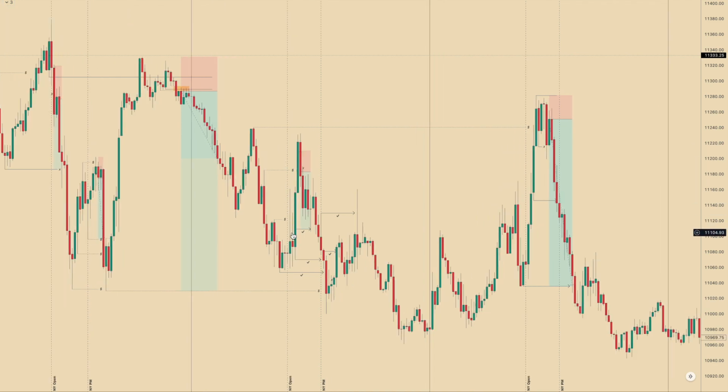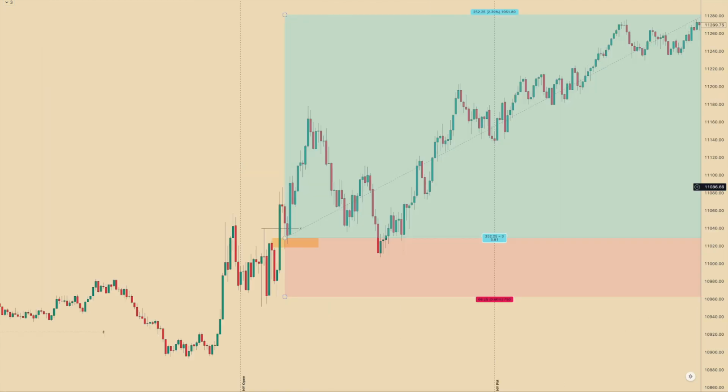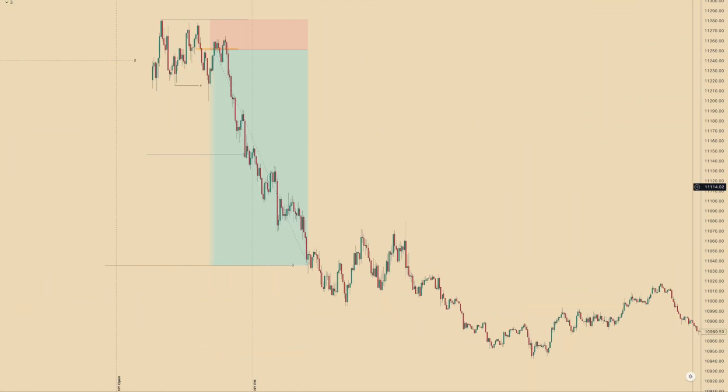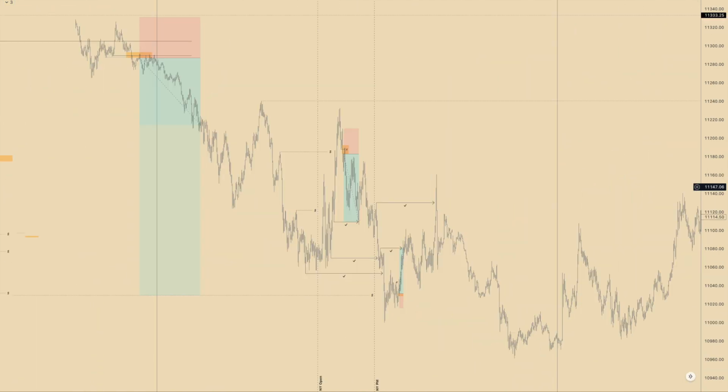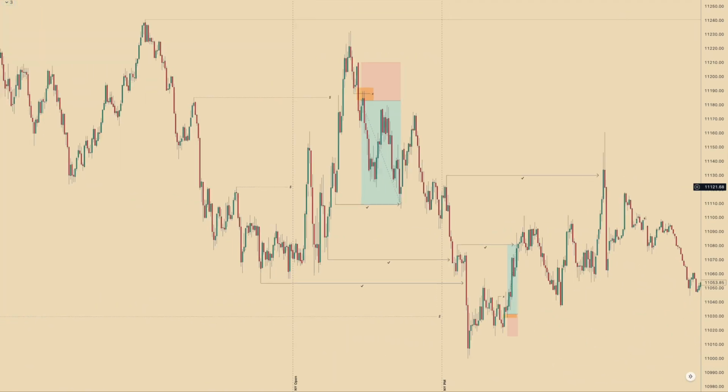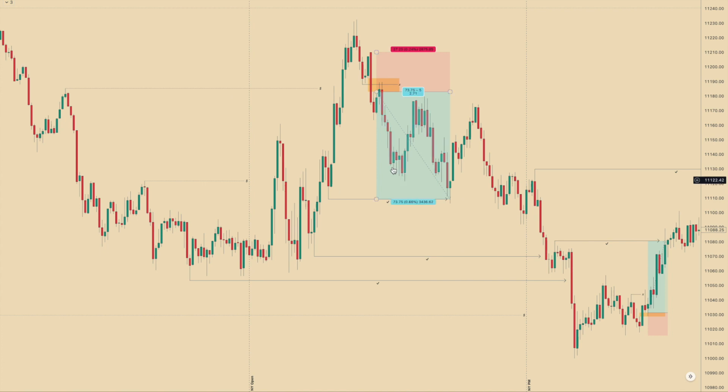So the AM session on Wednesday, October 19th, we swept major buy side liquidity right here as well as here. Right, if we go down to the lower time frame, I believe it was the M2. So if we go to the lower time frame, we can see that once we swept that buy side liquidity, we had a market structure shift here on our micro time frame, along with imbalance.